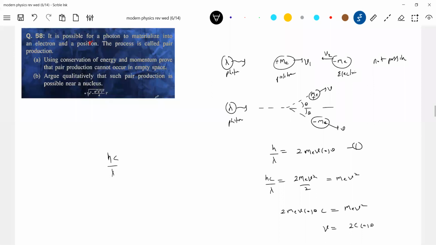What is the rest mass of these two? 2 MeV. So this should be equal to 2 MeV into v. Able to get this? So this is the energy into c square.